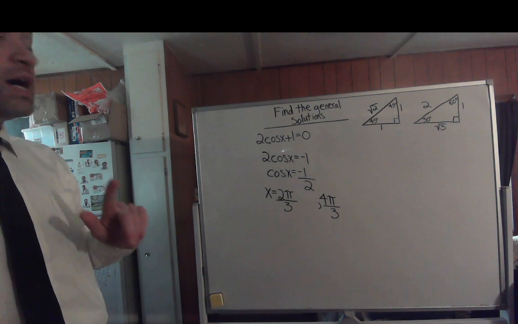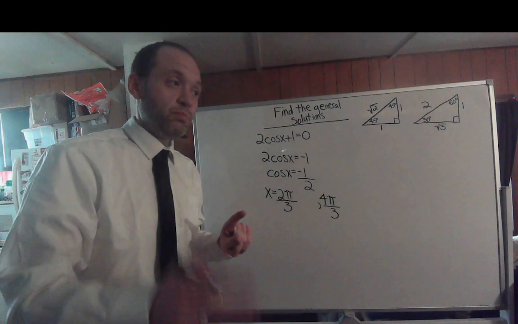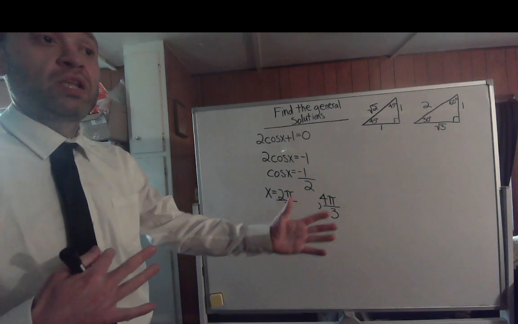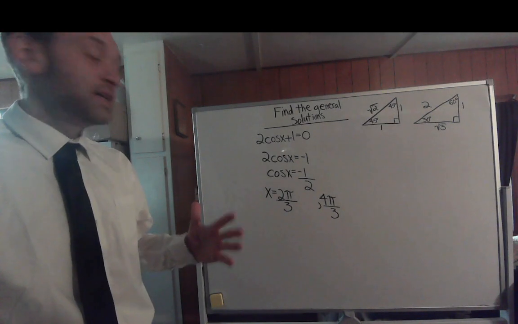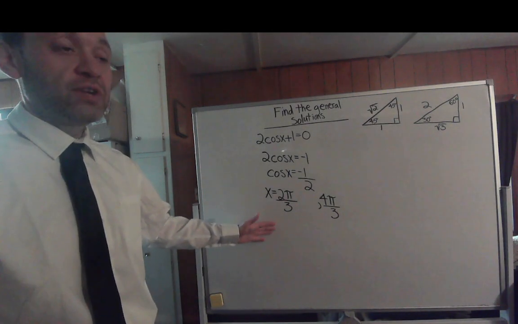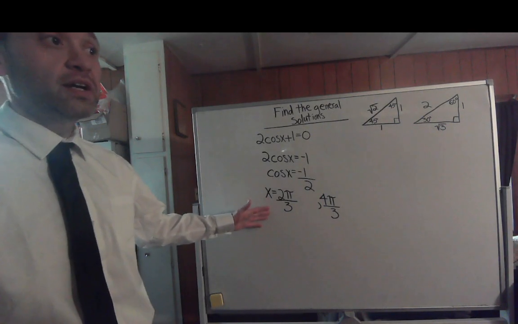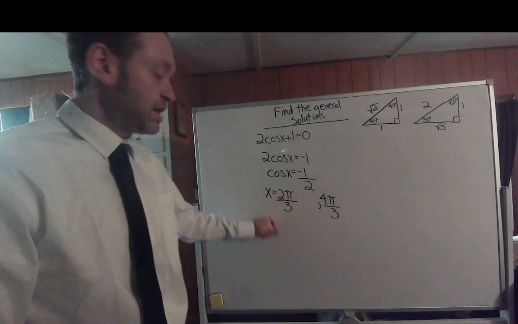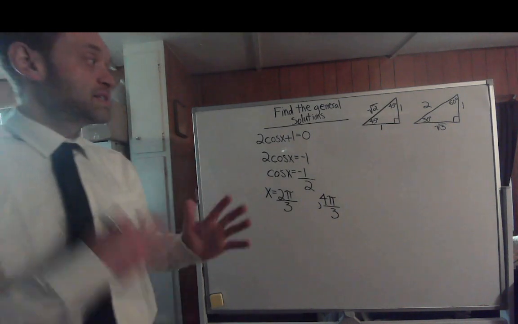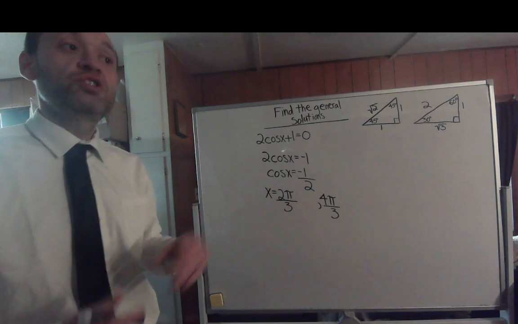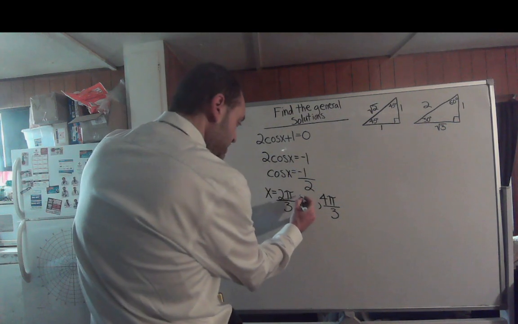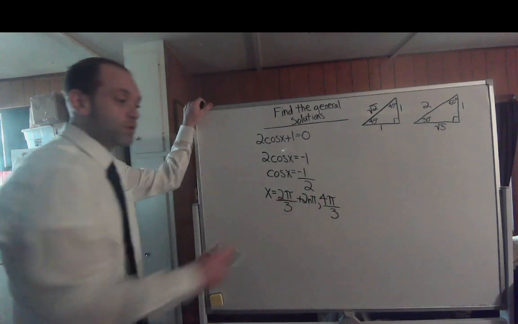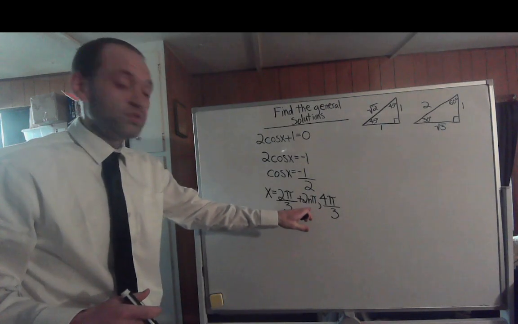Now, unlike just solving from 0 to 2 pi, the general solution means infinitely many solutions in theory. But there's an easy way to express it. We're not going to sit here and write out every single solution, because we'd never be done. But you have x equals 2 pi over 3 and 4 pi over 3. What is the period of the cosine function? It's 2 pi, right? So how you're going to denote that is plus 2n pi. That n stands for an integer, so that's going to be integer multiples of 2 pi.